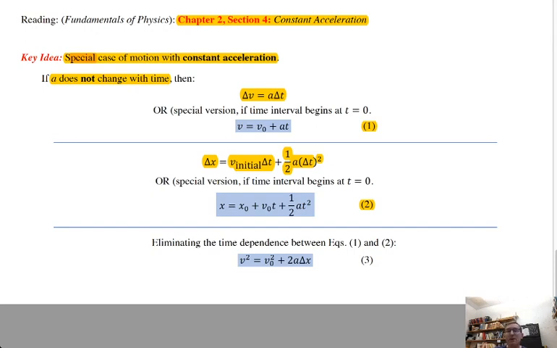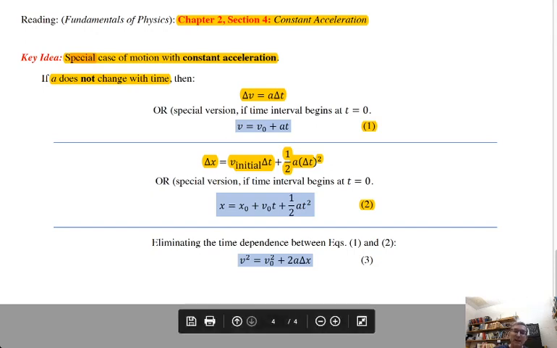No problem. Use equations 1 and 2 and get rid of t, the variable t. Take equation 1, solve it algebraically for the variable t. T will equal v final minus v initial all divided by a, and substitute that algebraic expression into equation 2 for the t and the t squared, and then simplify. You have to do the algebra carefully, but when you do, you get the third constant acceleration equation, and it no longer has the variable t.